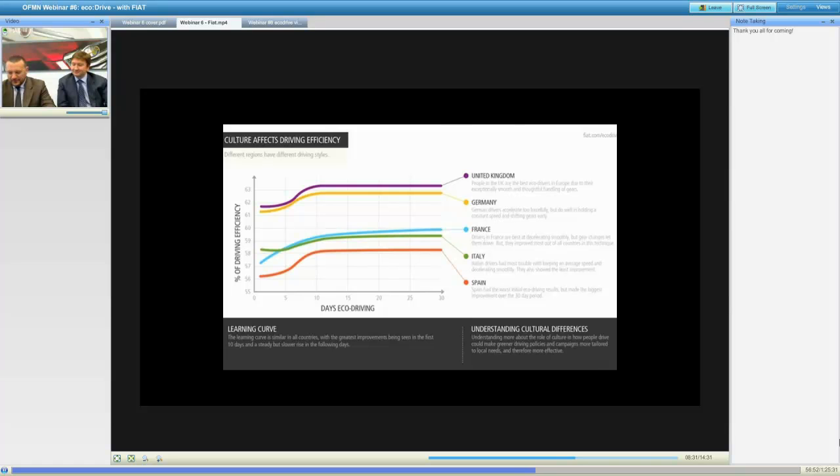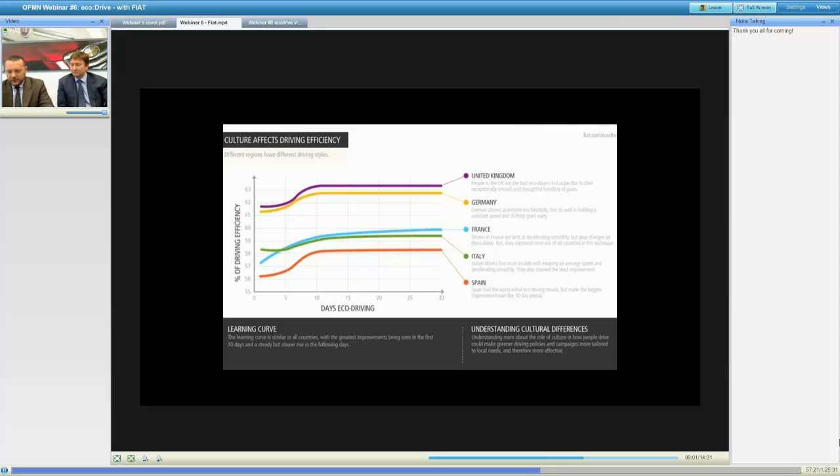German drivers accelerate maybe too forcefully, but they are really able to hold a constant speed. Then we have France. The French drivers are the best in deceleration, even if they could improve their gear change. But the French drivers are the ones that improved most in our study.